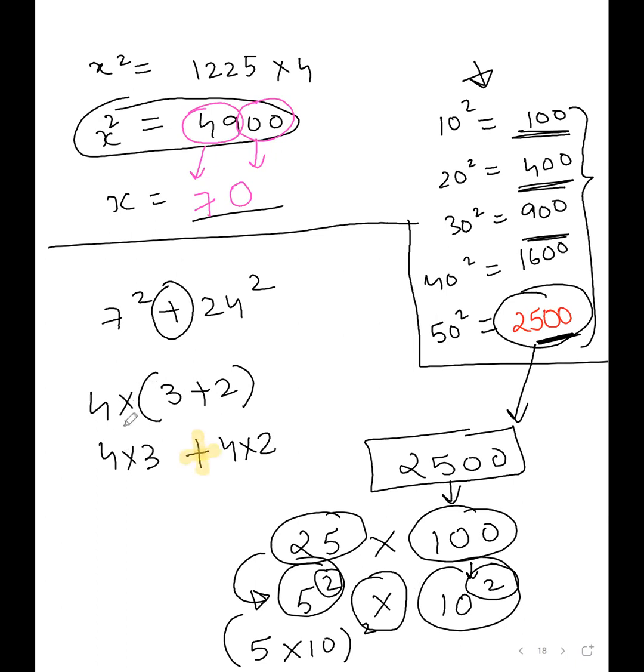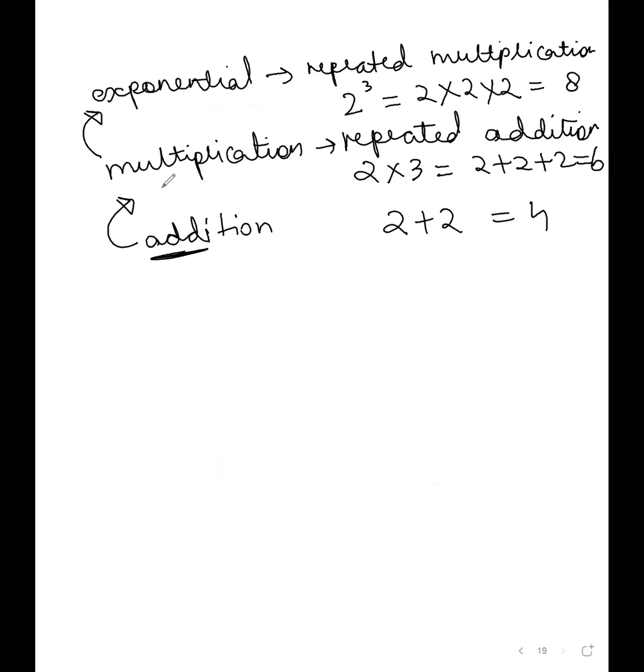But over here we can't take it as common even though this is a plus. The answer is that multiplication is distributive. You remember the distributive property? Multiplication is distributive over addition.